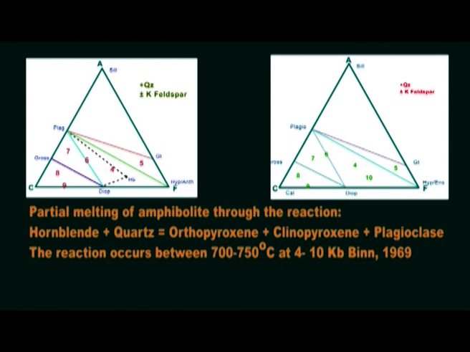The association of clinopyroxene plus almandine plus plagioclase also indicate a pressure of 8 to 10 kilobar at about 700 degrees centigrade. As already mentioned above, on the other hand, presence of sillimanite plus cordierite in some granulite suggests that these are formed at relatively lower pressure, maybe as low as 7 kilobar.